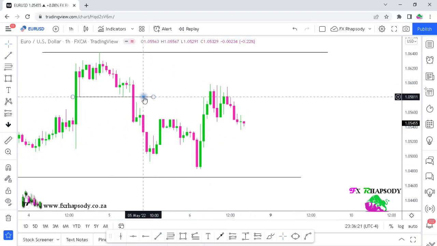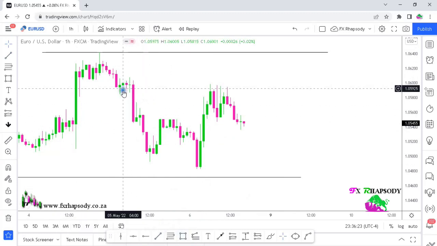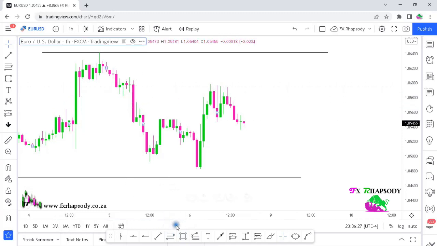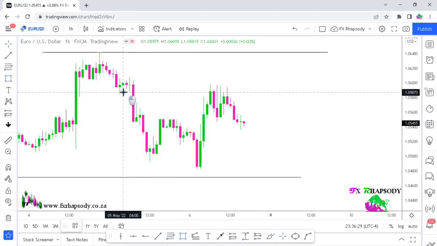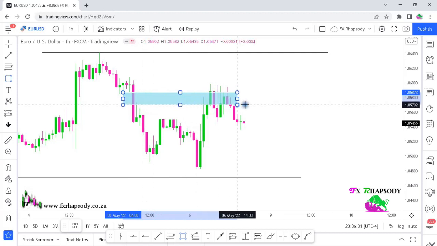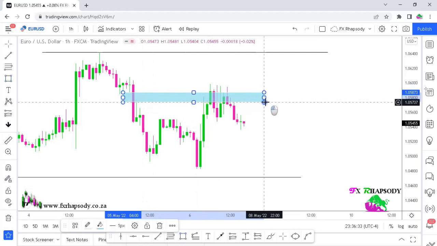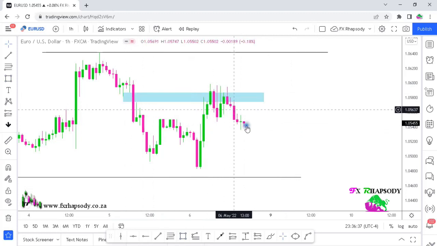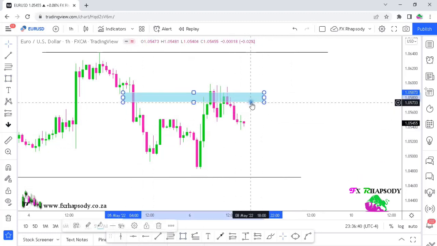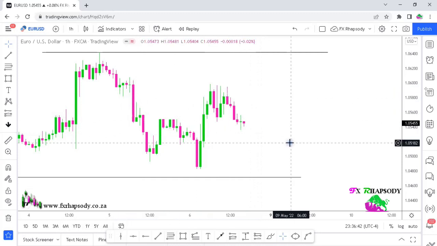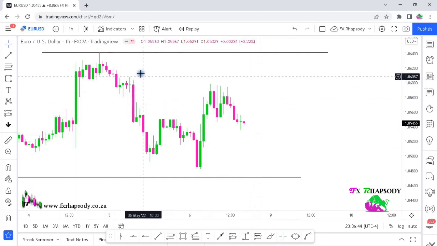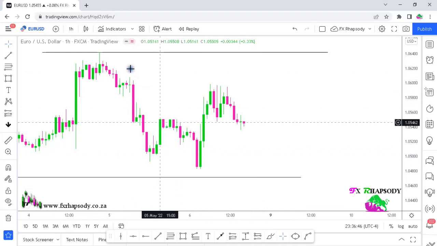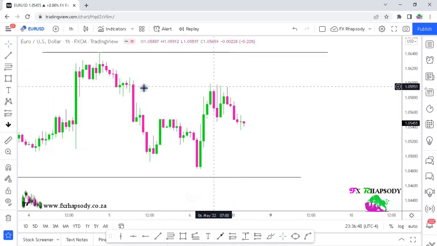And what I always do is, there's that fair value gap, let me just draw it for you here, the gap in the market right there, and price going and touching in that area, pushing in it, and then from there on selling. So always be on the lookout for those gap areas in the market as well, especially after breaking structure, and you can see price pushing down, then coming up, retracing into that area, and then starting to push down to the downside.